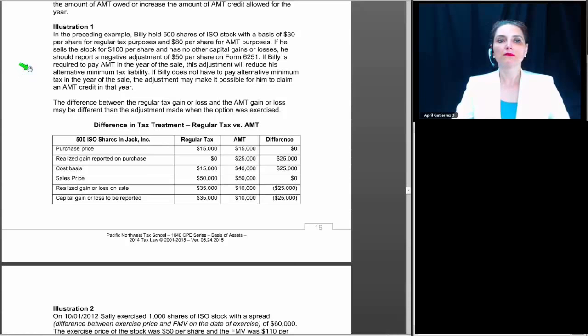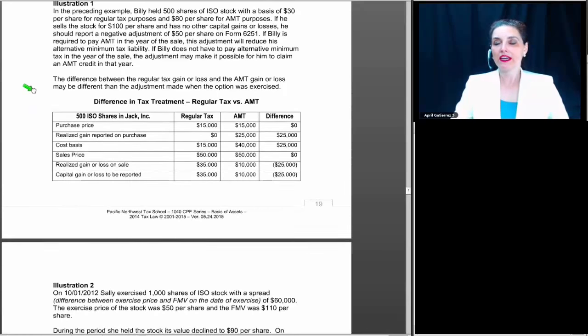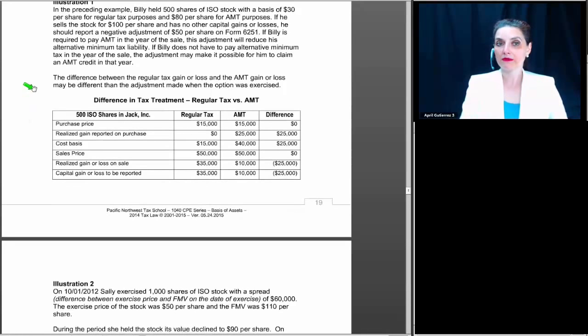If Billy is required to pay AMT in the year of sale, this adjustment will reduce his alternative minimum tax liability. And if Billy does not have to pay alternative minimum tax in the year of sale, the adjustment may make it possible for him to claim an AMT credit in that year. And in fact, he may also have been able to claim a partial credit or full credit for his prior year minimum tax in earlier years as well.